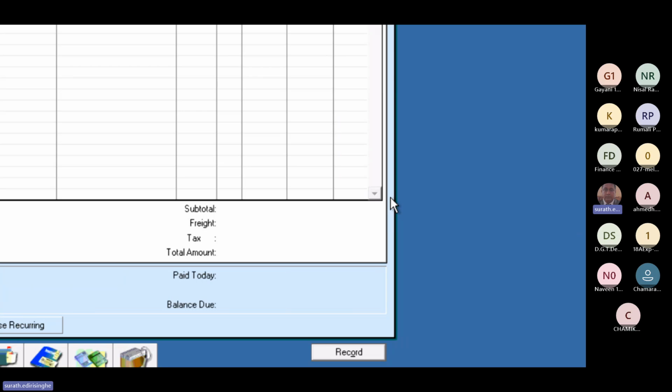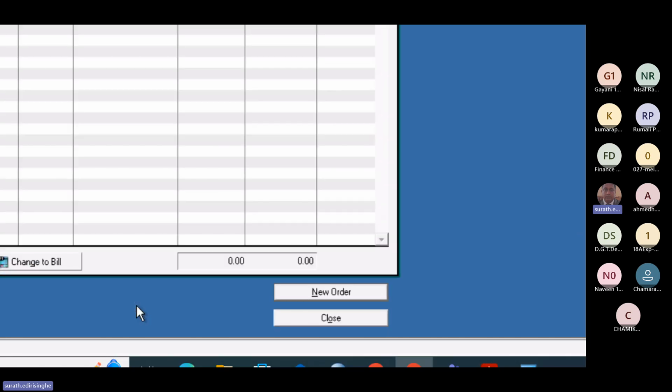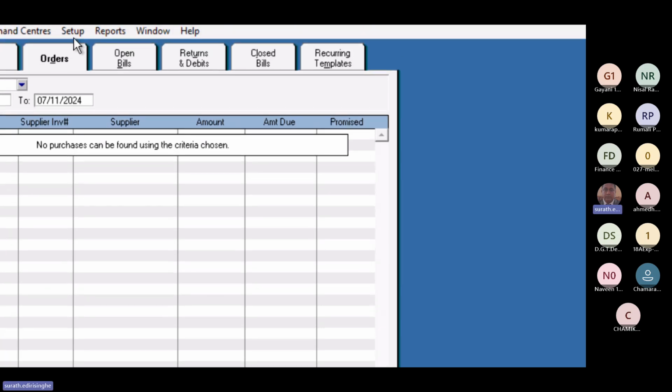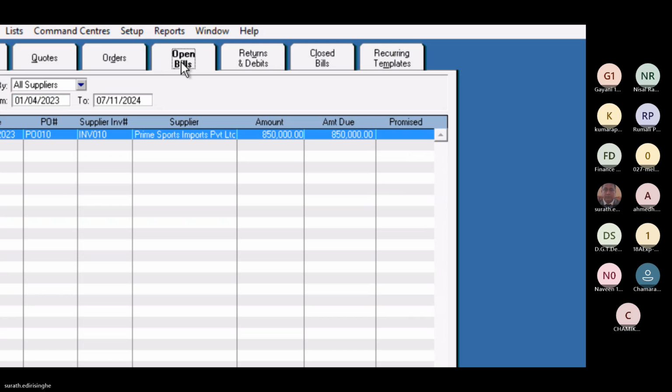Click OK. Record. Now students, you realize that in the register form, it disappears from the order. Now it is in the GRN status. Right.